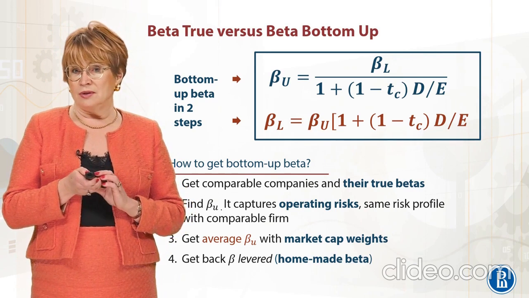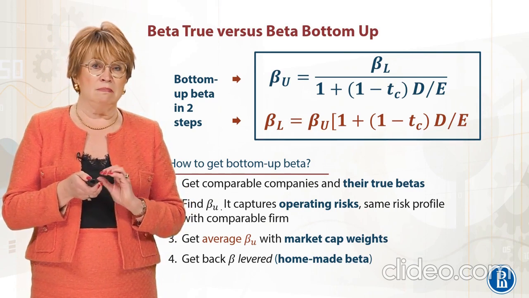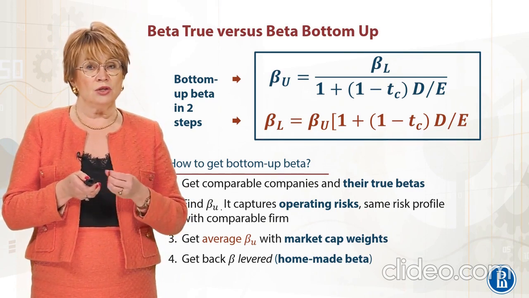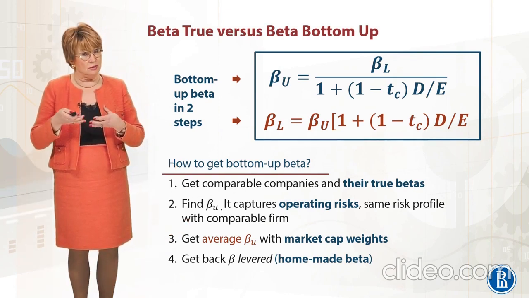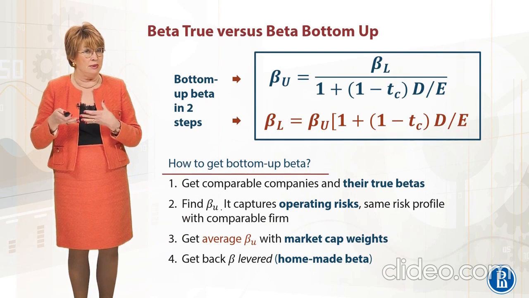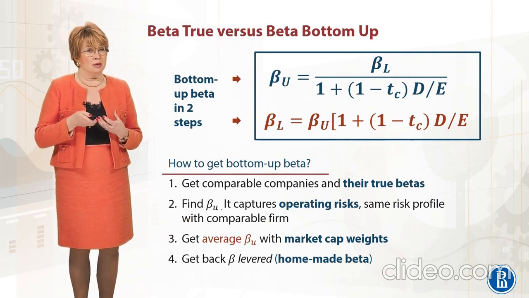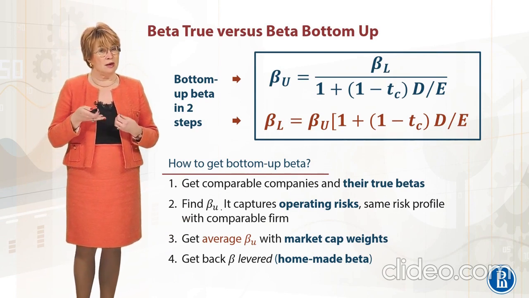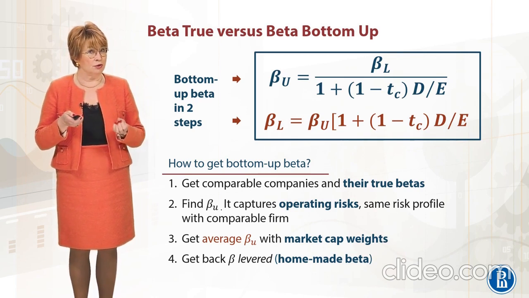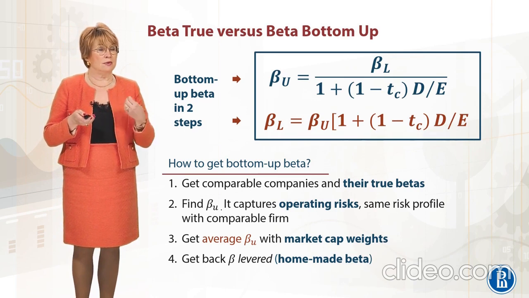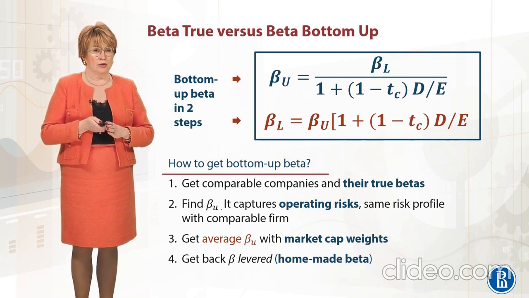So after this step number 2, we can get the beta unlevered for each comparable firm. Those companies should be comparable to the target company that we are trying to understand much better in terms of their operations, their operational policy, their product portfolio, their markets, their technologies, and the scale and the scope of those companies.